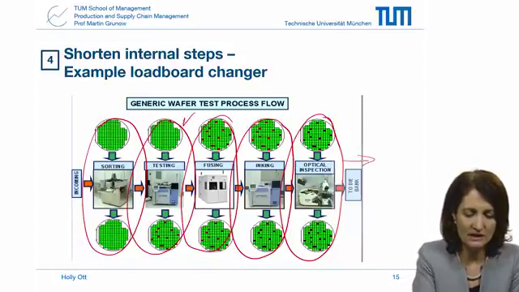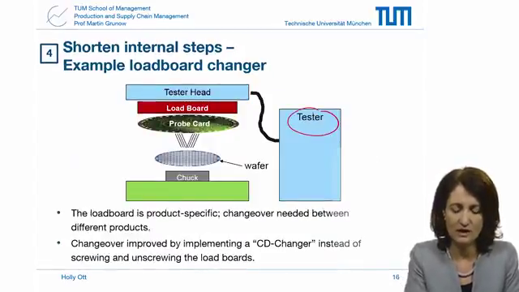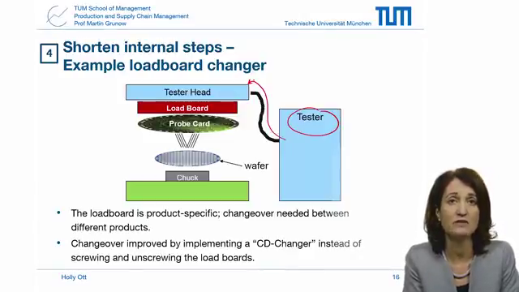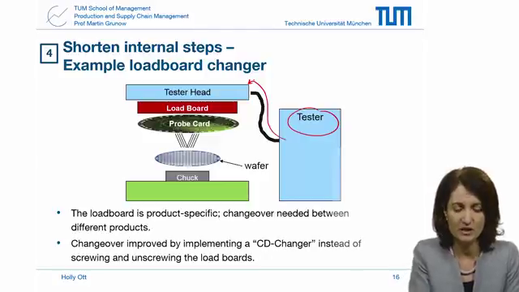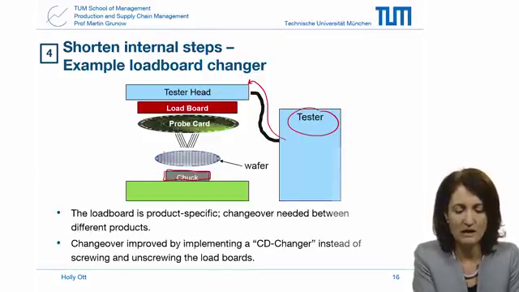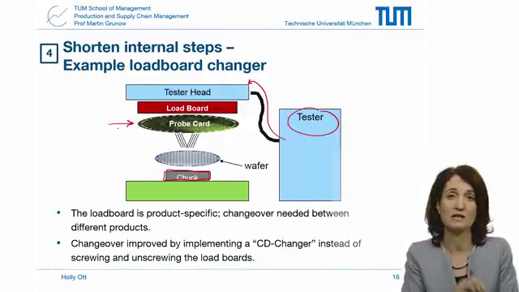So we're going to look here at the testing process. In this process, you have a tester, which has a test program loaded on it, and it will test each of the individual products. The wafers are separated into different lots or batches of different products. The wafer is mounted here onto a flat chuck, and a particular probe card has to be attached to the tester head, and it'll have very, very fine contacts, which will then go down to test the wafer.